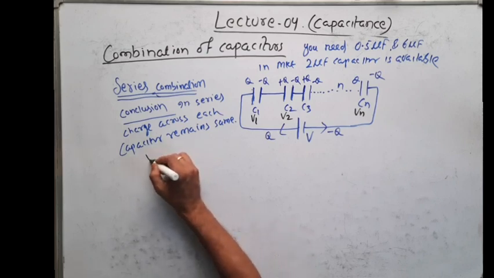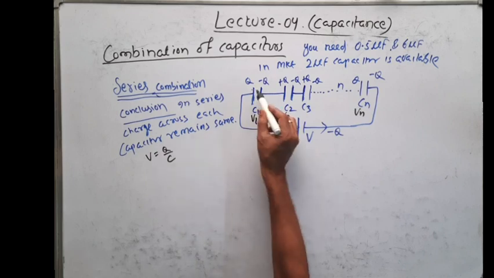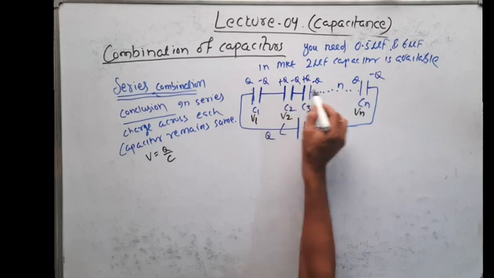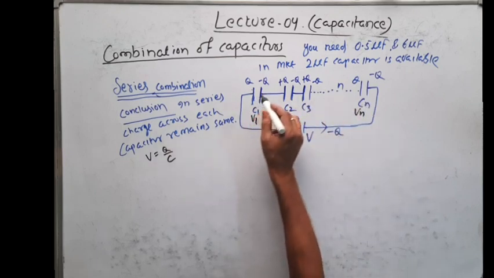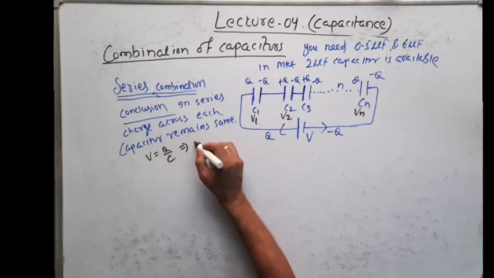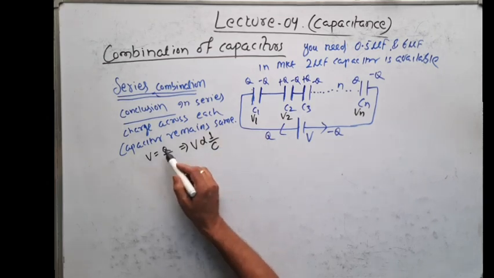And we know V is equal to Q by C. This is the general formula. Here the charge is distributed equally in all the plates, so in this series connection, Q remains the same. If Q remains the same, then the potential difference is inversely proportional to the capacitance because Q is constant.